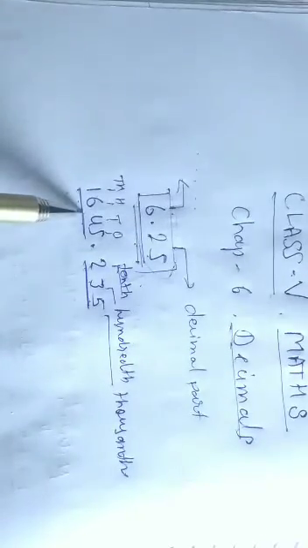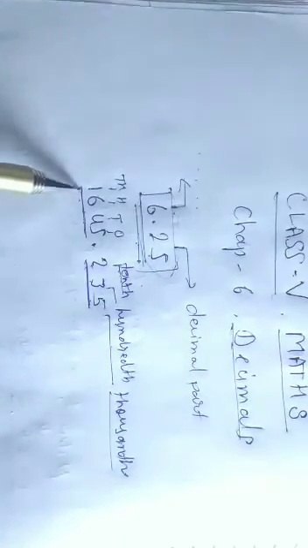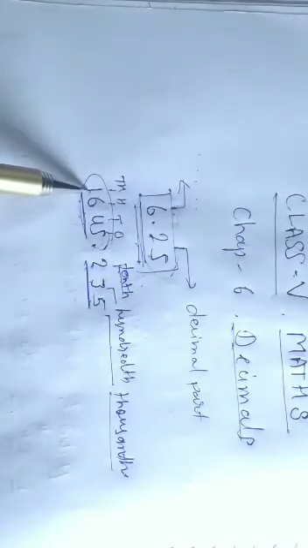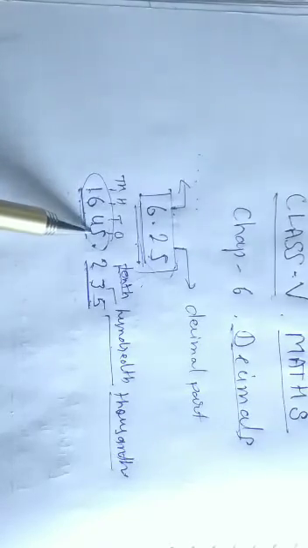This part is read as ones, tens, hundreds, thousands. This part is read as tenths, hundredths and thousandths. Now the next point: if we have to write the number 1645 in numeration form, easily we can write 1645.